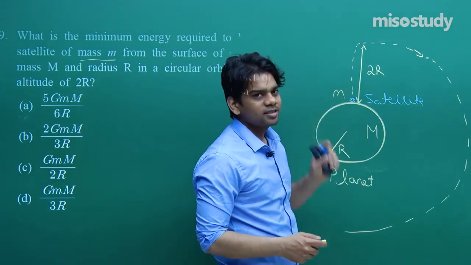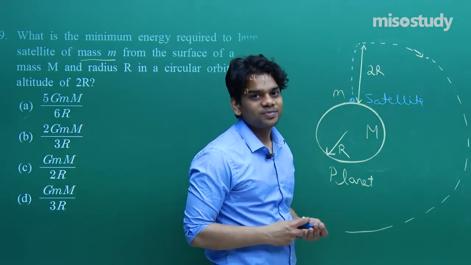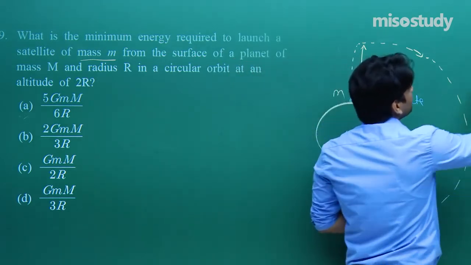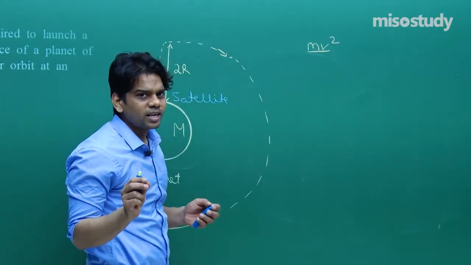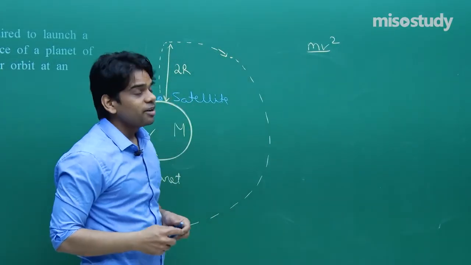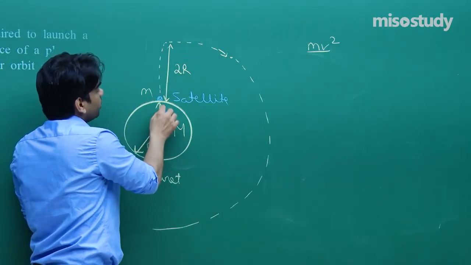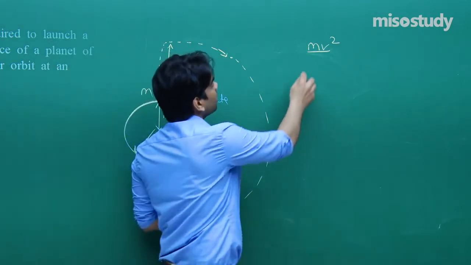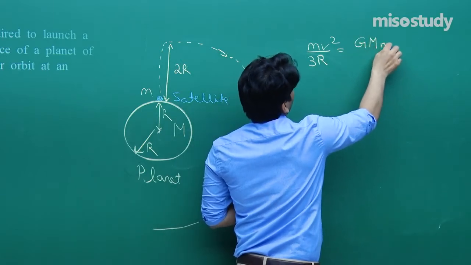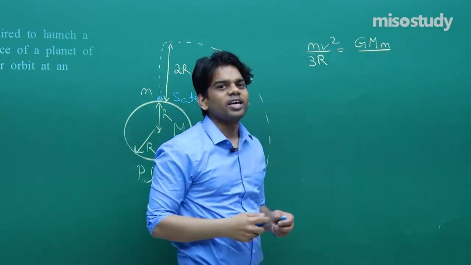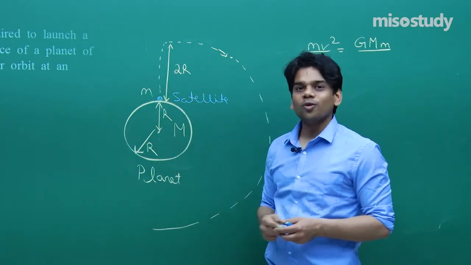Now you see here, at this height, let us first try to understand what will be the speed of the satellite. We all know that the centripetal force, mv square by the distance from the center, equals the gravitational force. Here small m is the satellite's mass, and the distance is 3r. So mv square by 3r will be equal to GMm divided by 3r whole square, using the formula for gravitational force of attraction.